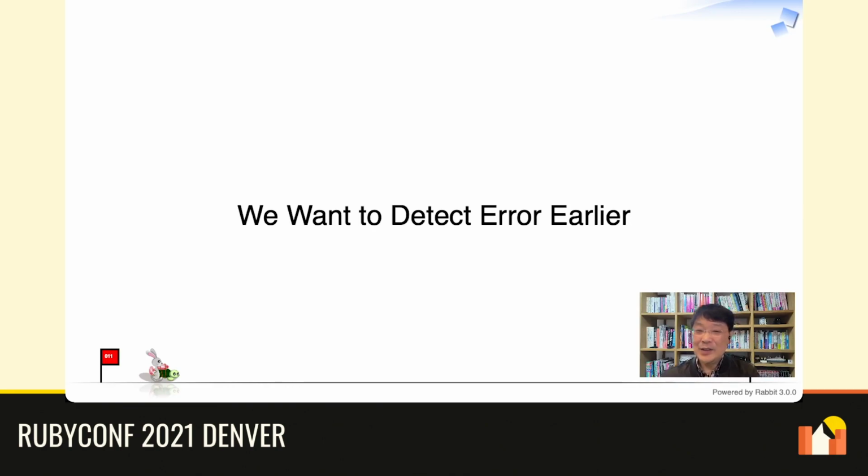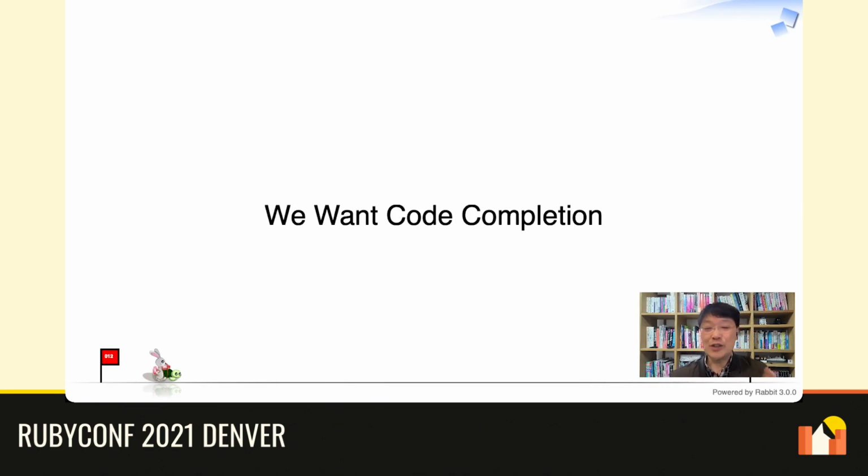And we want to detect errors earlier, and we want code completions, like the development experience of developing in Java using some kind of IDE like IntelliJ or VS Code.